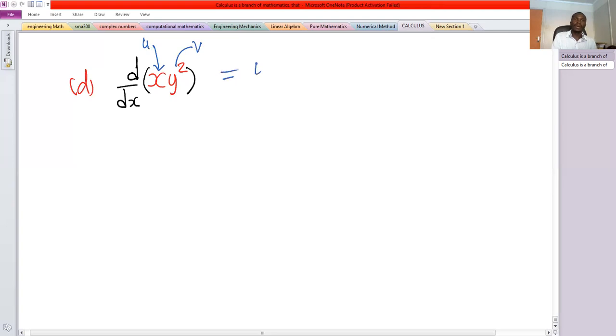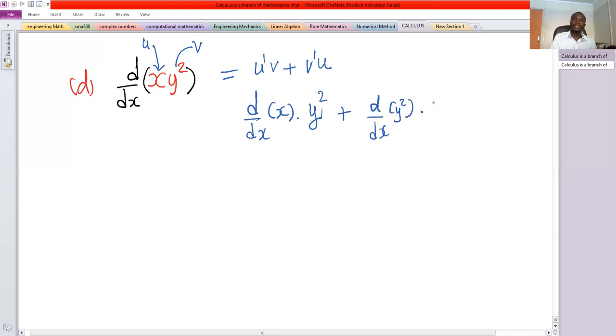So this will be given by u prime v plus v prime u. Which means we'll have d/dx of x times v, which is y squared, plus d/dx of y squared times u, which is x.